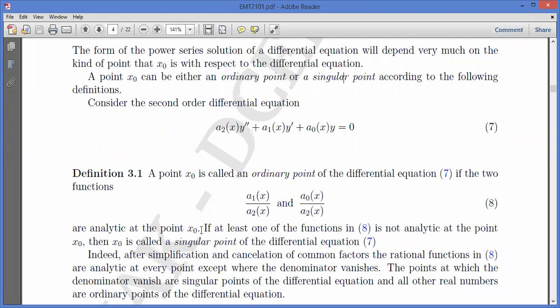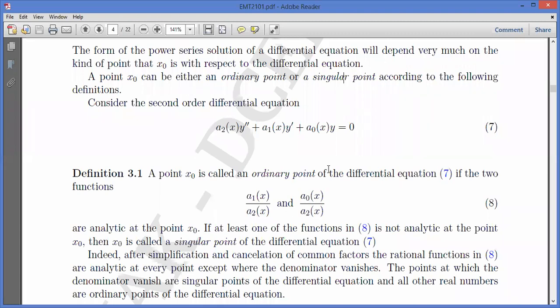It means when you have x naught and you substitute it into these ones here, and those functions remain defined, then the point that you've substituted, which maintains the nature of this function being defined, will be referred to as an ordinary point.